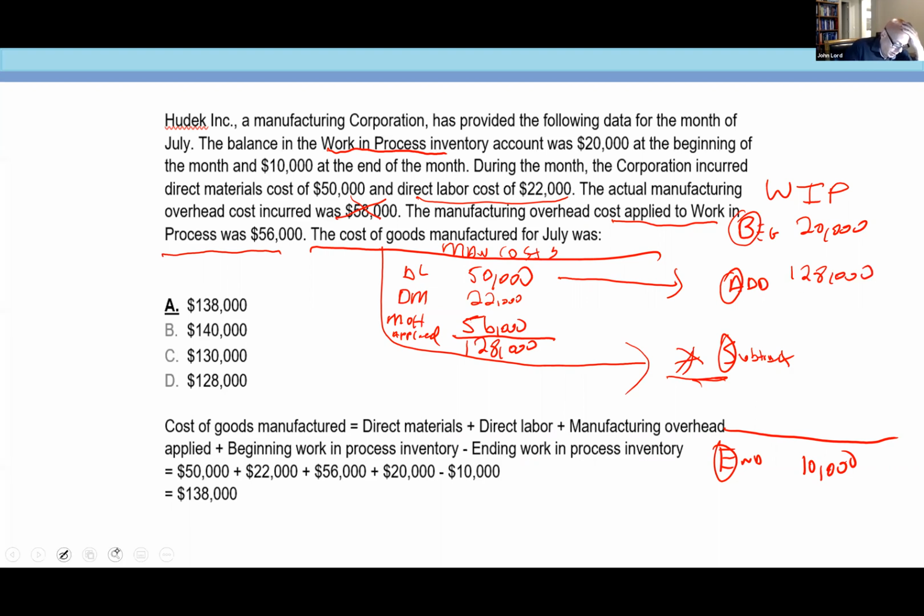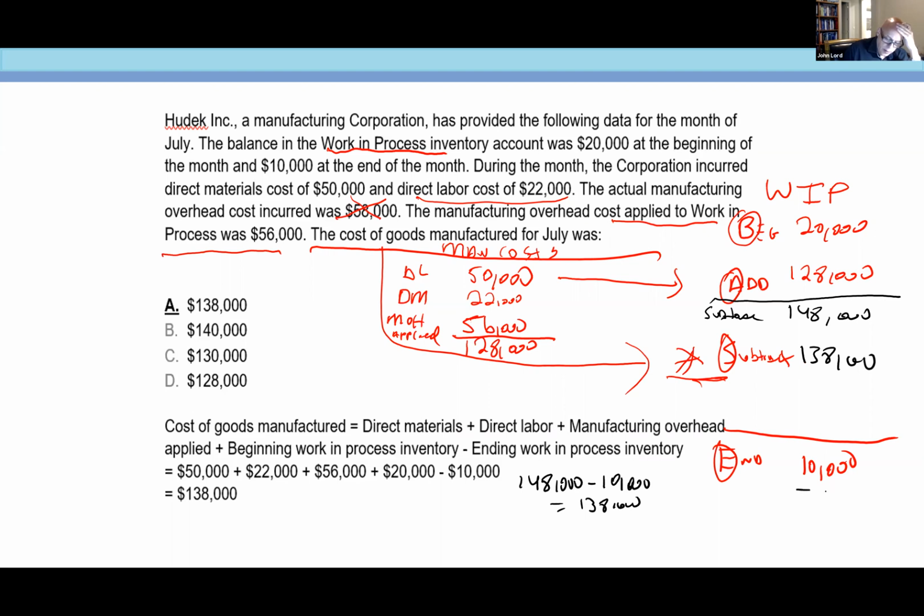Now, the way I do these problems, guys, when I set them up like this, is I give myself a little subtotal just to keep me from getting anxious with my numbers. That subtotal is 148,000. So if I had 148,000 and I subtracted something so that I ended up with 10,000, and I always give myself a little side calculation of that one, because you know I'm not good with numbers. 148,000 minus the 10,000 means I must have subtracted 138,000 from 148,000 to end up with 10,000, right?